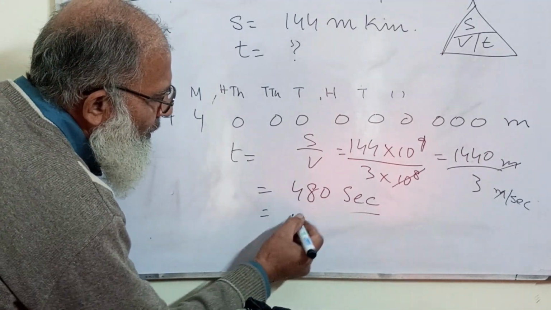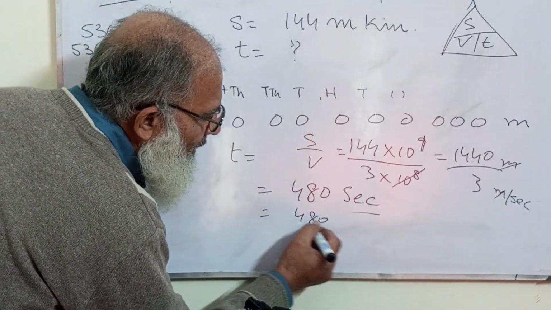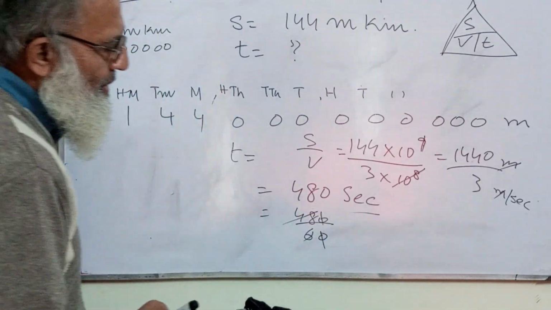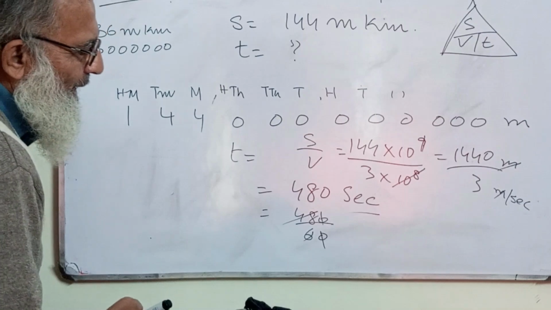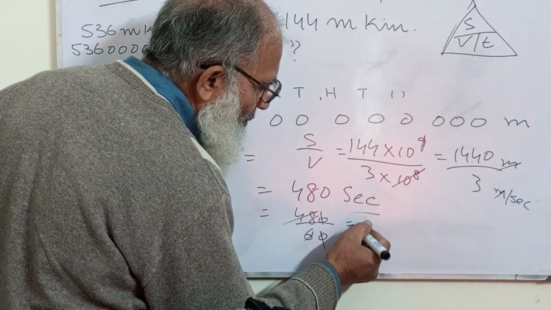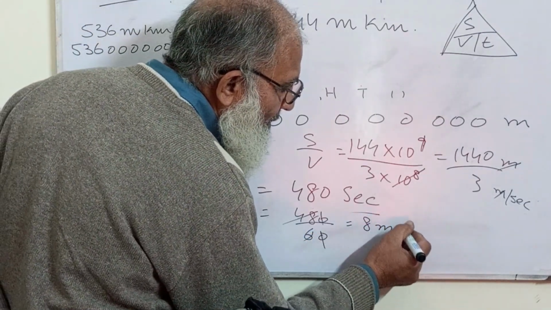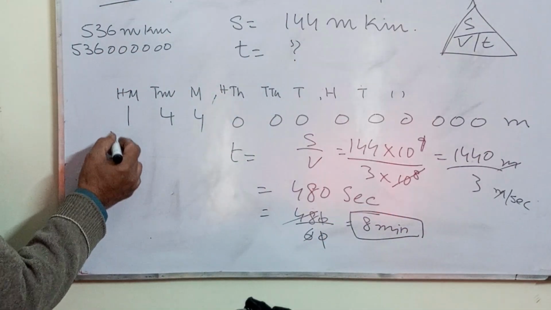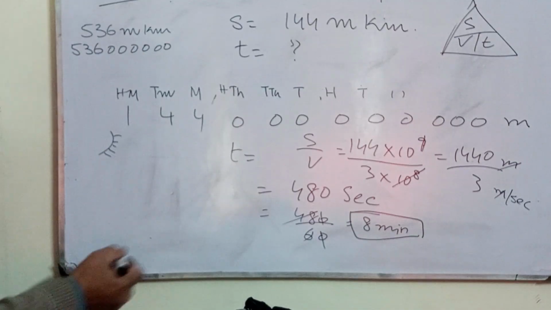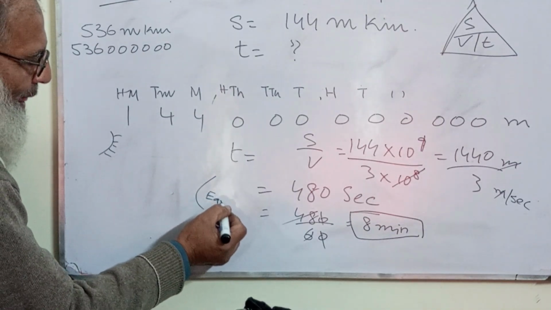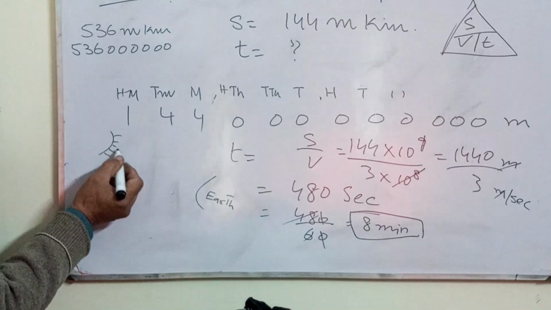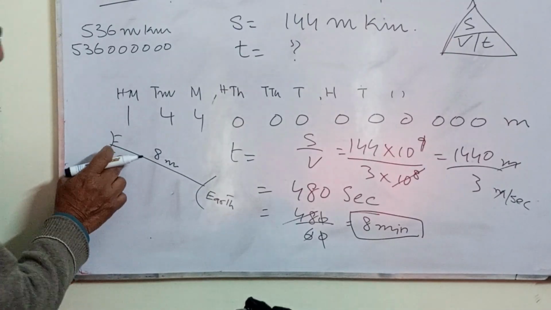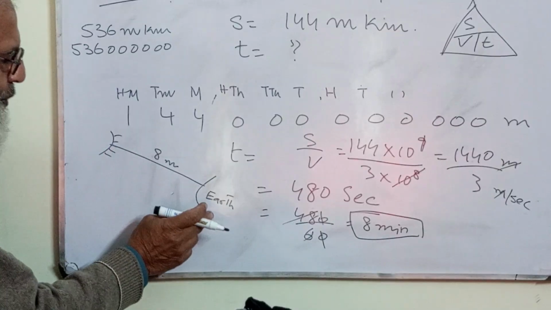If you want to put it into minutes, you have to divide it by 60. So 6 8s are 48. 8 minutes. So if this is the sun and this is the earth, it will take 8 minutes for the first ray of the sun to reach the earth.